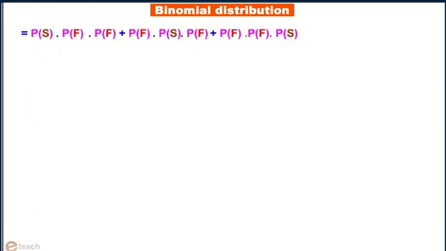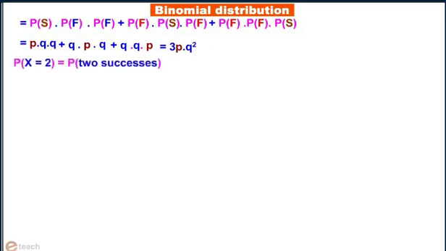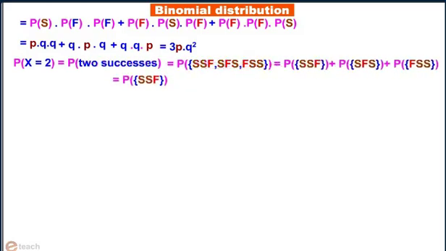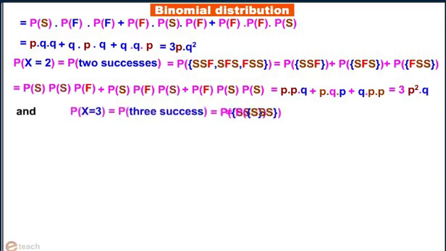That comes out to be equal to the probability of S into the probability of F into the probability of F, plus the probability of F into the probability of S into the probability of F, plus the probability of F into the probability of F into the probability of S, which is equal to pq squared plus qpq plus qqp, that is equal to 3pq squared. Now the probability of X equals 2, that is the probability of 2 successes, equals 3p squared q, and the probability of X equals 3 comes out to be equal to p cubed.